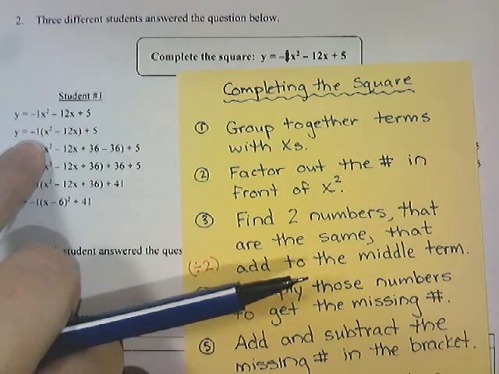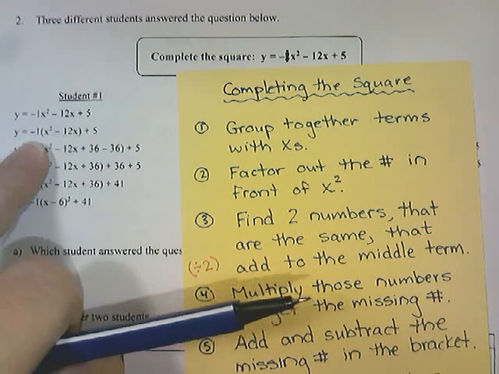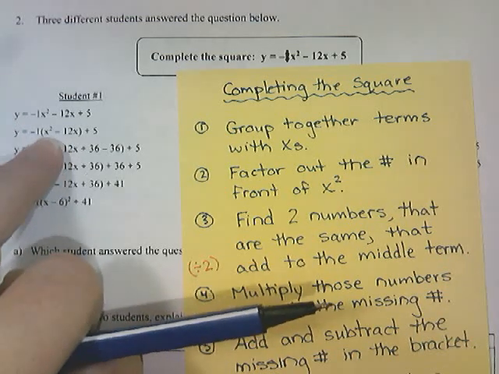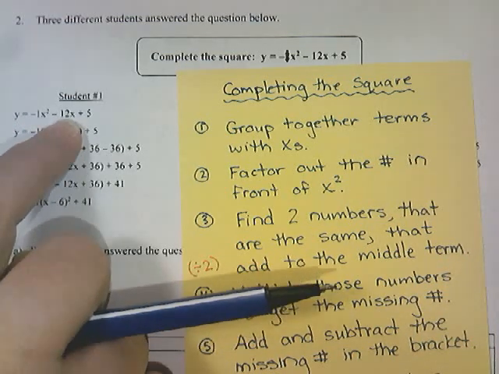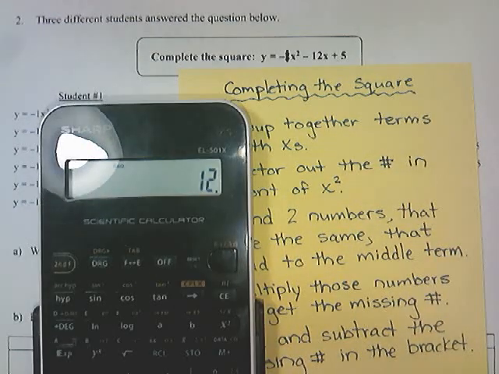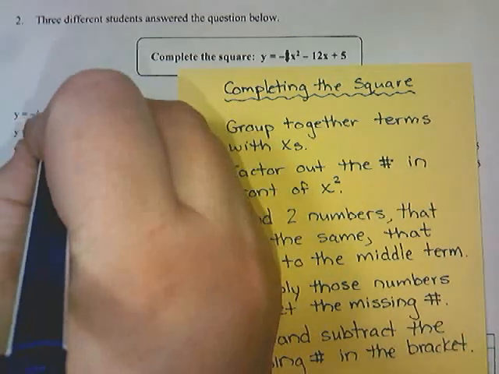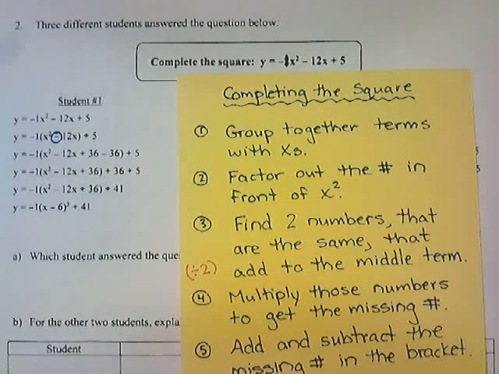So they took out what was in front of x squared. So -1 divided by -1 is +1 x squared. So that's good. And then -12 divided by -1 actually makes +12, not -12. So I don't think student number 1 is right.